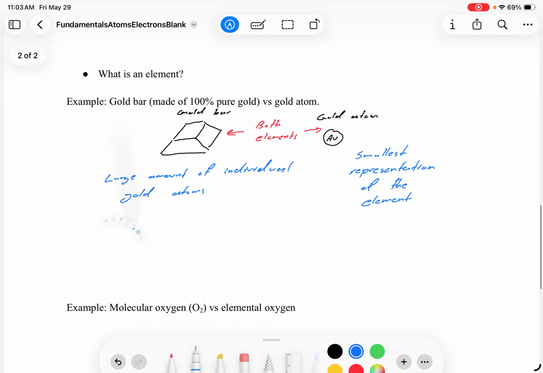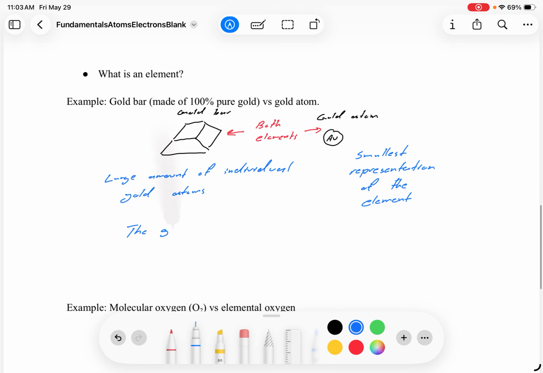The gold bar is a macroscopic, meaning large, macroscopic form of the gold element, right? Of the element. And then the atom is the smallest form of the element.